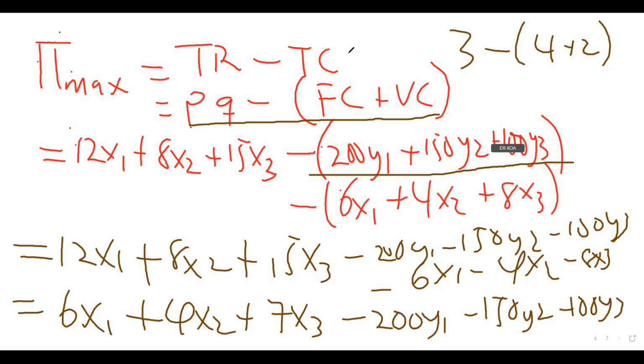The guy is writing minus 100, but the minus has entered into the minus. It doesn't mean it's plus. Pacho, please, in the bracket here, I saw fixed cost plus variable cost.